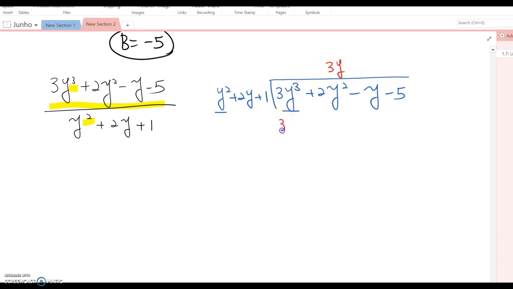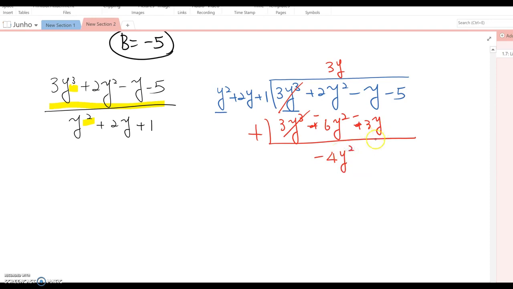Then 3y cubed plus 6y squared plus 3y, and then we subtract, so the signs become negative, and we get negative 4y squared minus 4y minus 5.